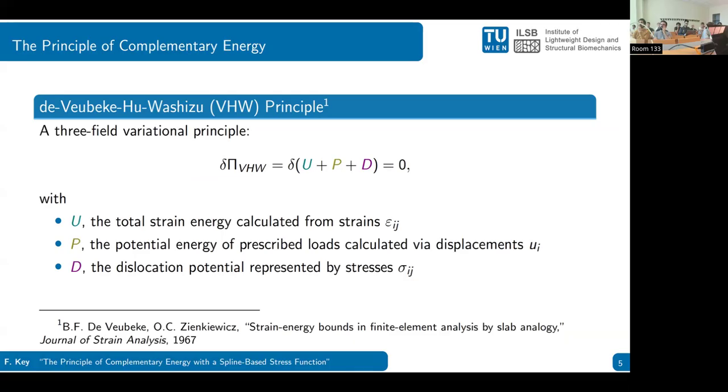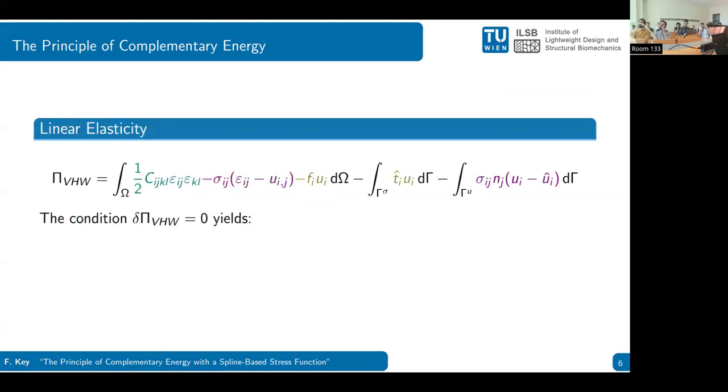And now you already see why it is called the three-field variational principle, because it has these three independent fields for the strains epsilon_ij, displacement u_i, and for the stresses sigma_ij. And this can be used to determine all the fields, for example, from elasticity. So that's a starting point.